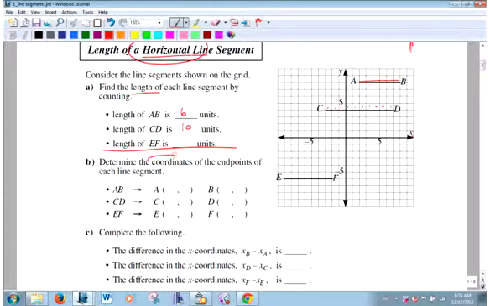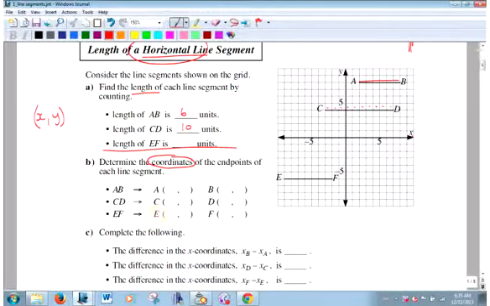Determine the coordinates of the endpoints of each segment. One of those questions where the intercept said this word, not many of you did it: coordinates. Coordinates are always in the form your independent, your input, first, your output or dependent second. They're in brackets with a comma in between them.